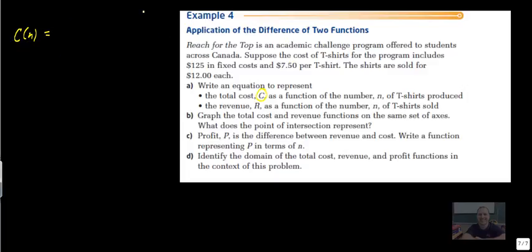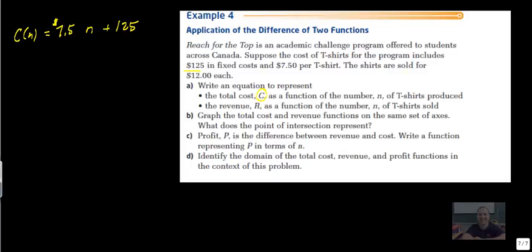We have $7.50 per t-shirt, times n, and then we know that there's always a $125 fixed cost there. So 7.50 times n plus 125, or you can just do 7.5n. That's fine as well.